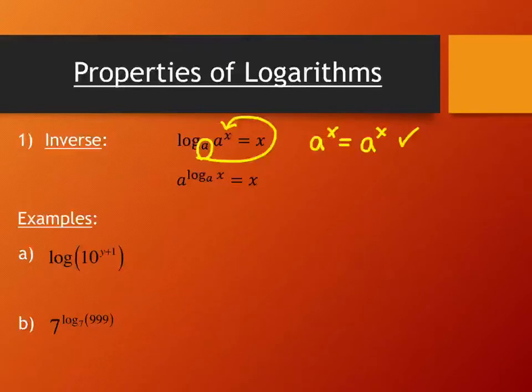The same is true for the second one. If we were to draw a scorpion tail, there's my base, and we were to rewrite it in exponential form, this would be log base a of x, and then it lands on all of this at the top, which says log base a of x.